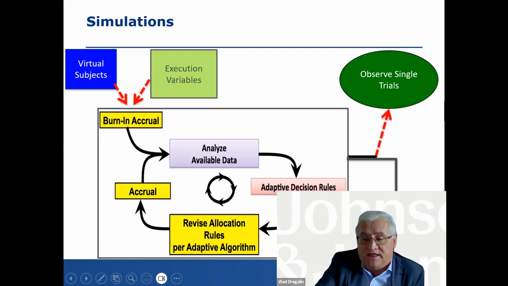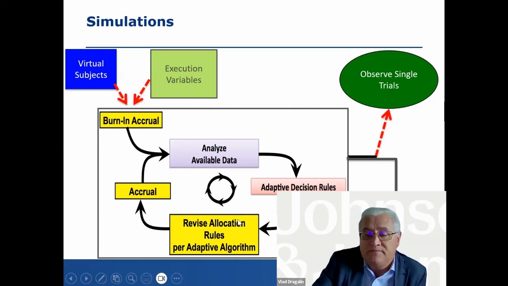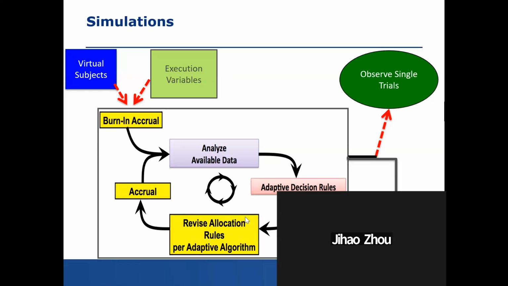If that is not the case, then the study continues. And usually what is implemented, then, is that you may revise allocation rules, so how new patients will be allocated to different treatment arms. You have several doses. It may be that you switch from 1 to 1 to 1 to, let's say, more on a very well-performing dose.